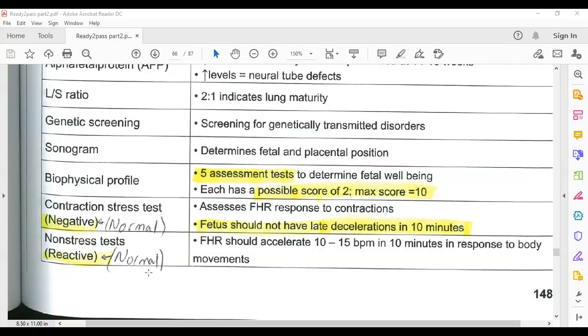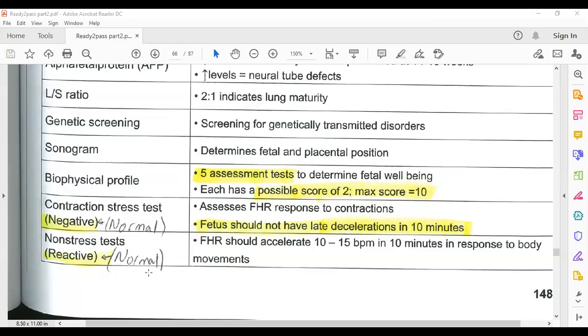Let me compare and contrast these two tests, the contraction stress test and the non-stress test. Interpretation only. I said if the contraction stress test is negative, it indicates normal findings, meaning no late deceleration of fetal heart rate with 3 contractions in a 10-minute period.